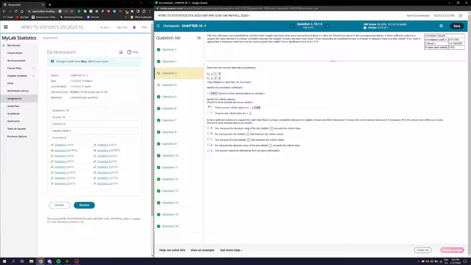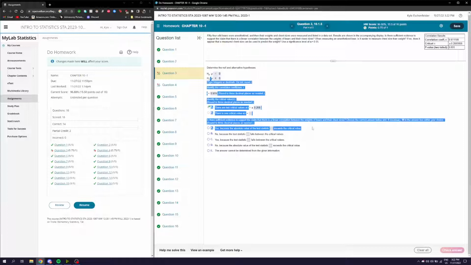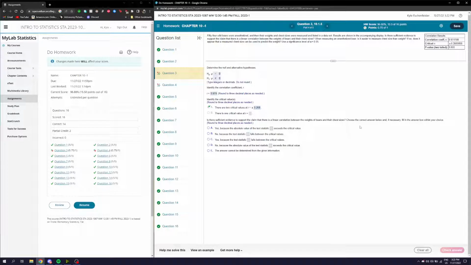And then this is where you need to have the paper, because no way I'm memorizing this. It's just on the paper. Is there sufficient evidence to support the claim? So with this one, the professor gave 3 pieces of paper that explain correlation, and out of the 3, only 2 of them actually apply.